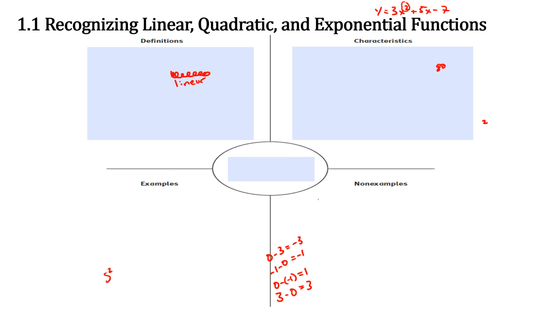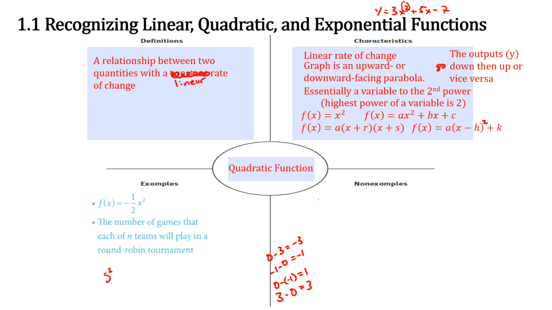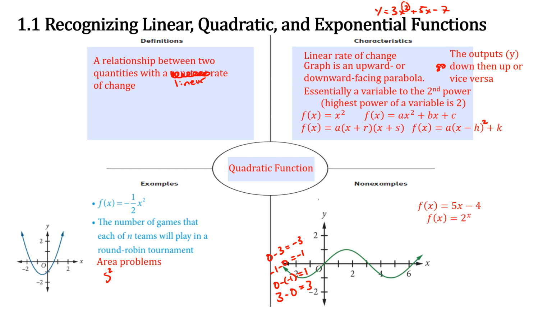Well, now the first bit of a rate of change was negative 3, the second was negative 1, the third one was 1, and the last one was 3. Well, the rate of change has its own change.